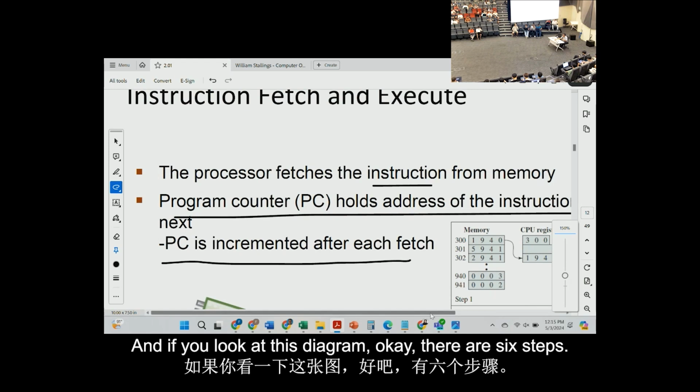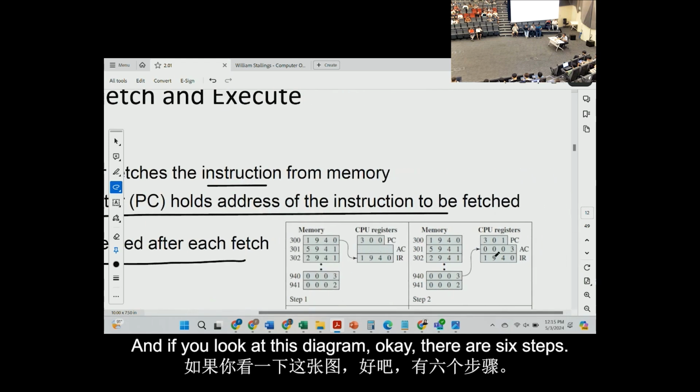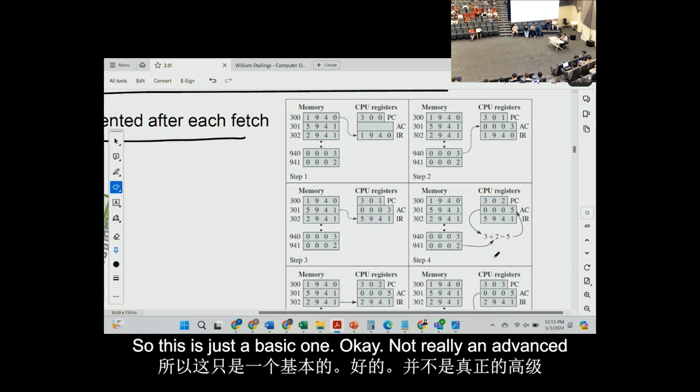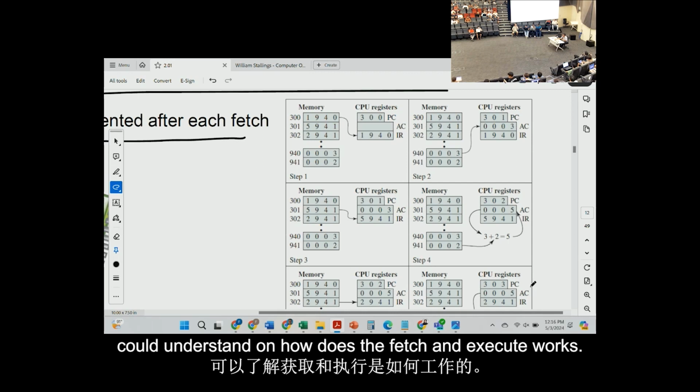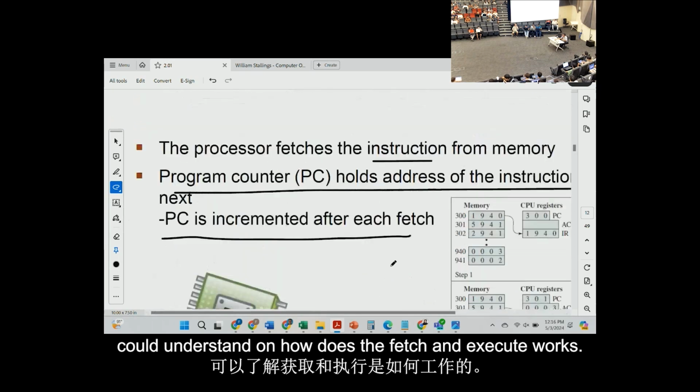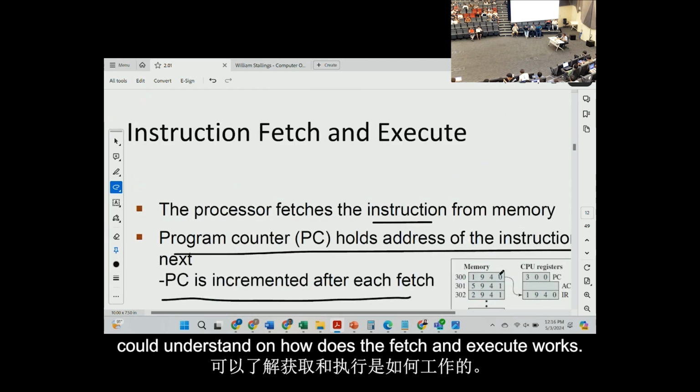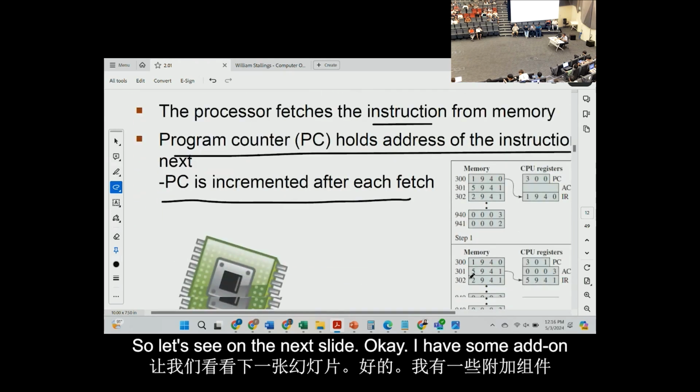If you look at this diagram, there are 6 steps. This is just a basic one, not really an advanced one. Hopefully by giving this simple example, you can understand how fetch and execute works. Let's see the next slide.